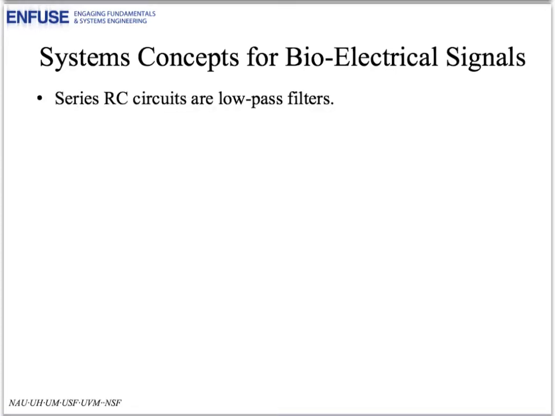The series RC circuits that we looked at in part 3 are actually low pass filters. Let's take a look at the photodiode as our source that we were using before, and let's connect that RC circuit.